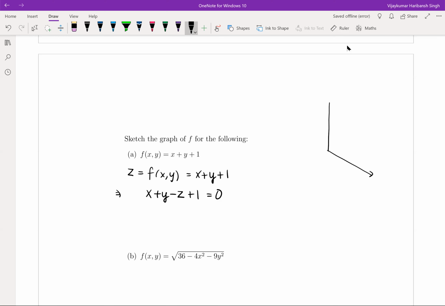So we have the x-axis, y-axis, and z-axis. We need 3 non-collinear points to identify the plane. When y and z are 0, x is negative 1.